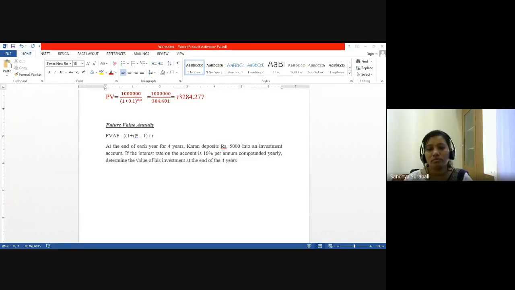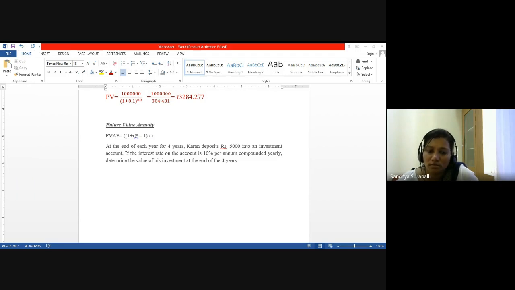So 5,000 is invested by Karan at the end of every year for 4 years, and the rate of interest he is earning is 10% per annum. They are saying compounded yearly, right? So you have to find out the value of the money he is going to have after 4 years. First year he is investing 5,000.